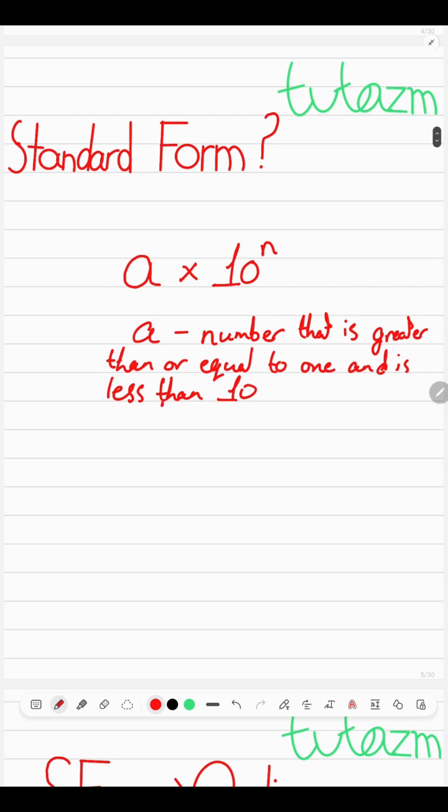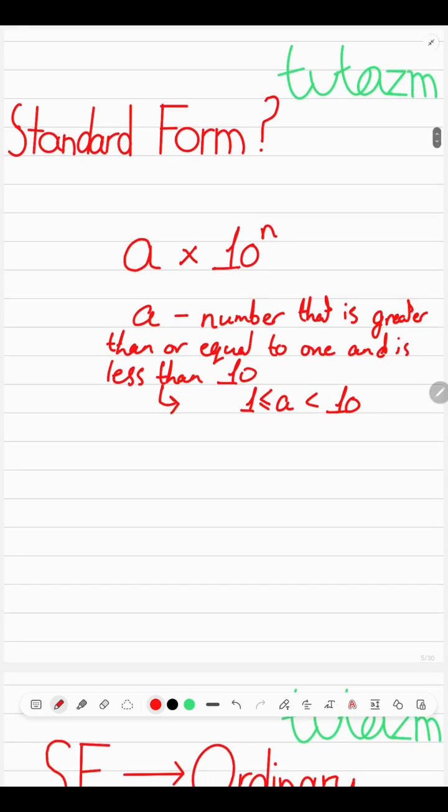So we can write that out as a being greater than or equal to 1 and being less than 10. I meant to say greater than or equal to 1 over there.